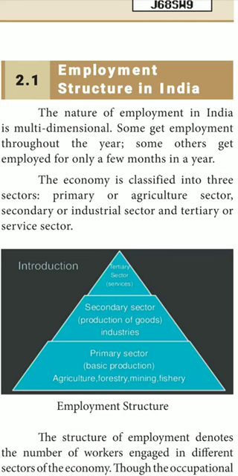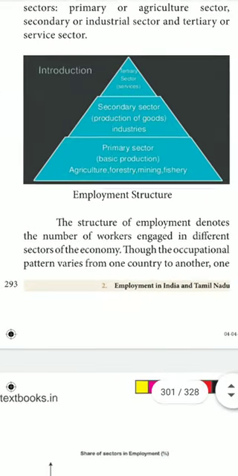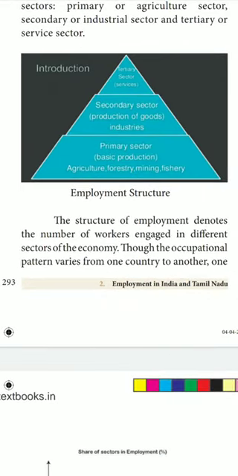And the tertiary sector is also called the service sector. So this is the employment structure. The structure of employment denotes the number of workers engaged in different sectors of the economy. That means, what are the different sectors? Primary sector, secondary sector and tertiary sector.